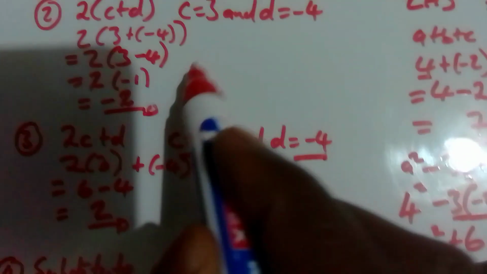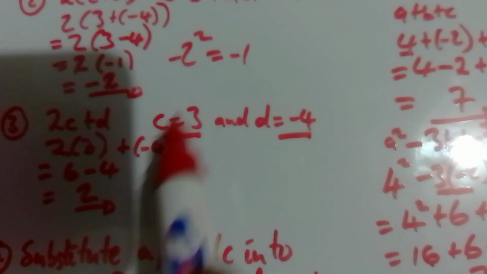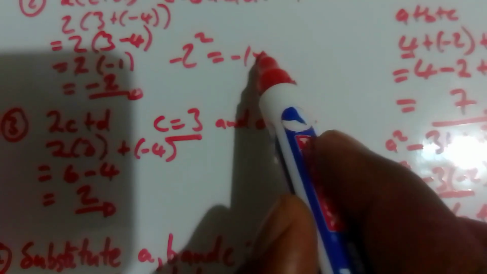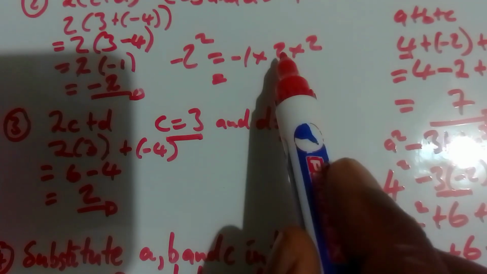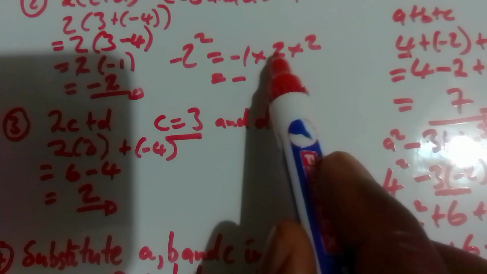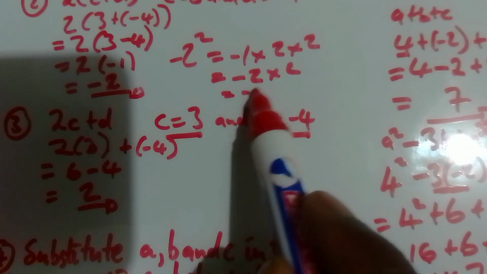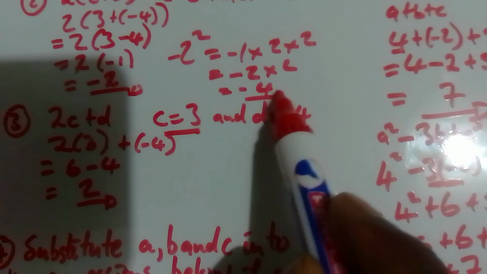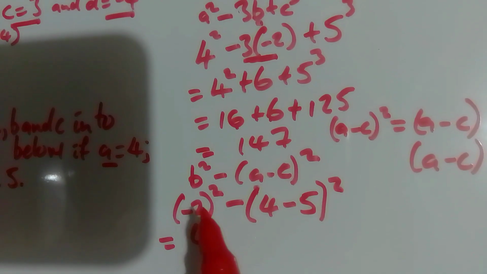Because when you have -2 squared like this, the negative represents a -1, and this 2 squared represents a positive 2 multiplied by a positive 2. I know that negative multiplied by a positive is a negative, and 2 times 2 gives me a 4. Hence the answer -4. So please do not make that mistake of calculating -2 squared without the brackets.